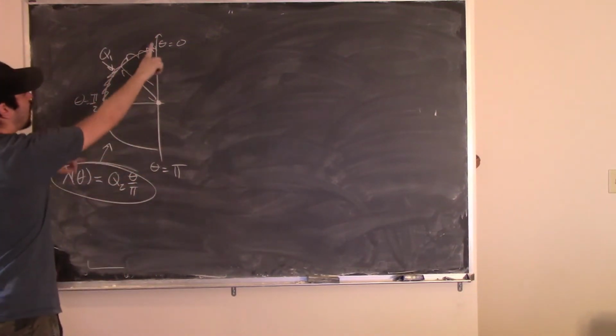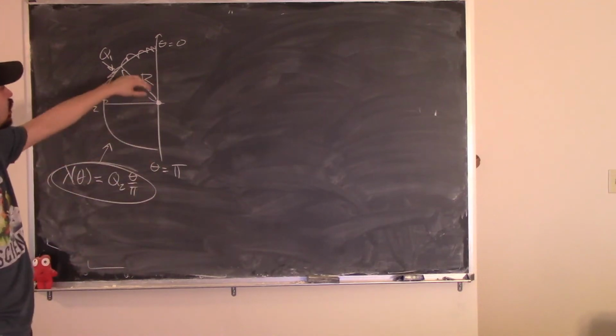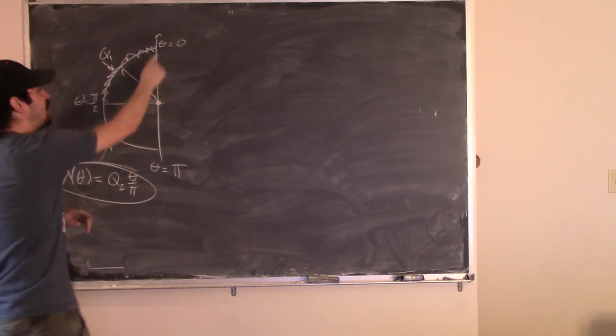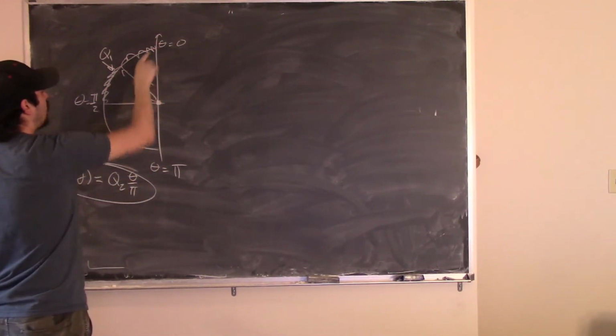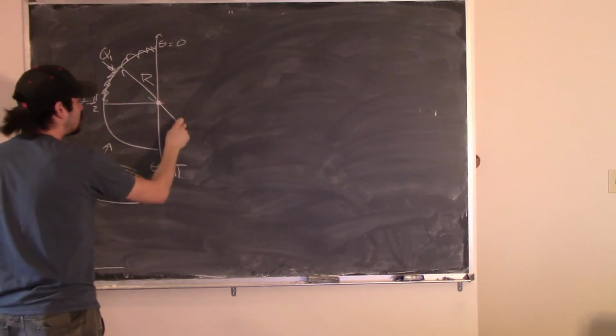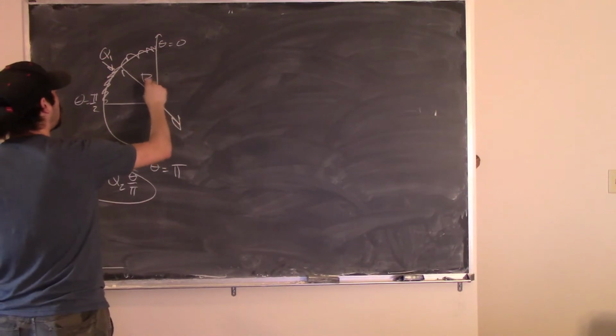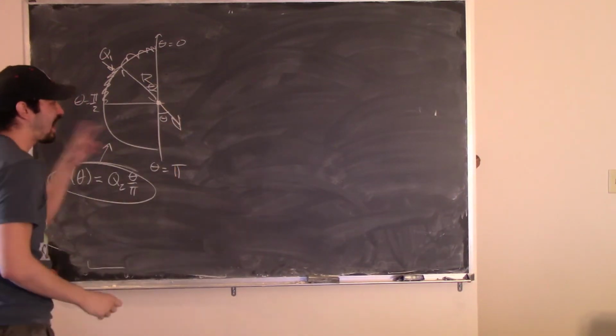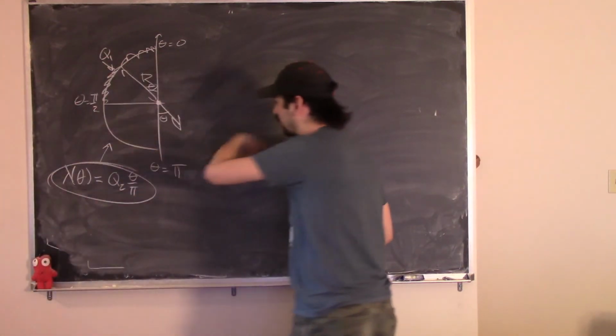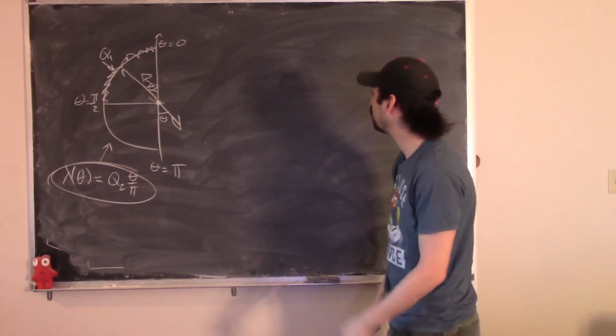It matters how I'm defining theta. And here it says explicitly you have to have theta equal to 0 at the top. And what that does ultimately is it forces how you're going to define r hat. So let's work on this problem, and I'll talk about that a little bit more.